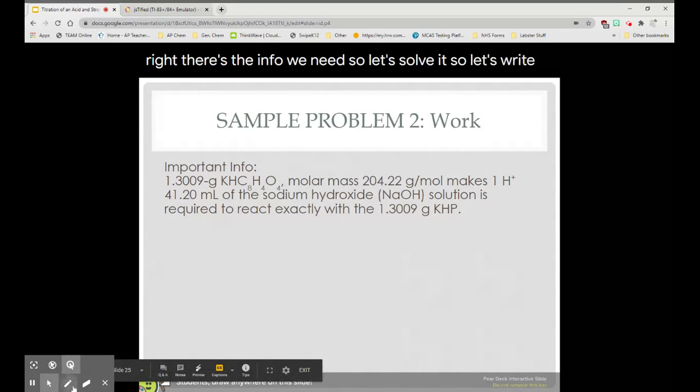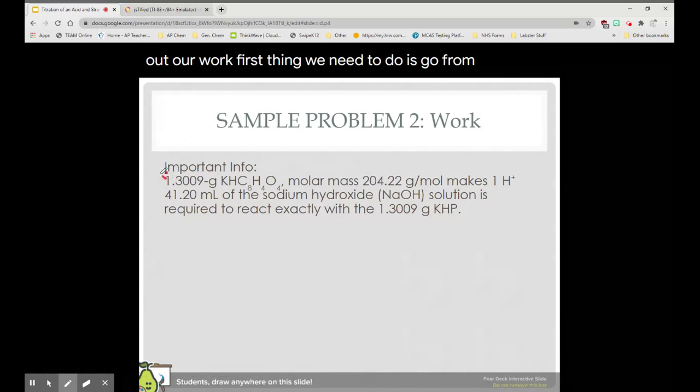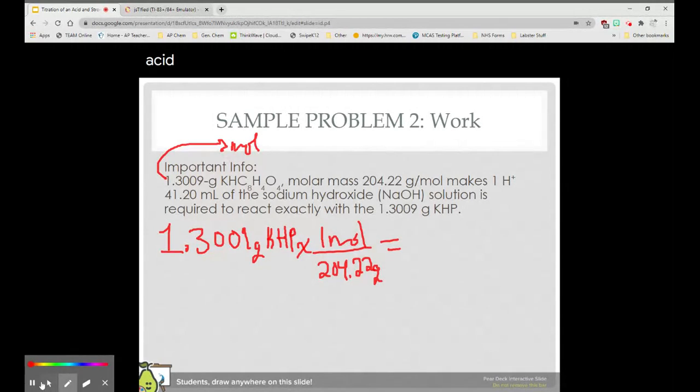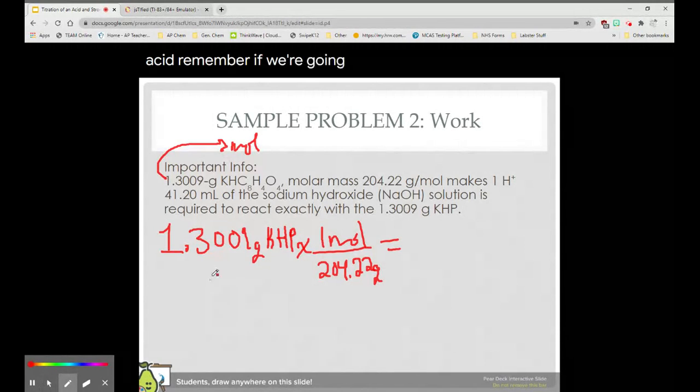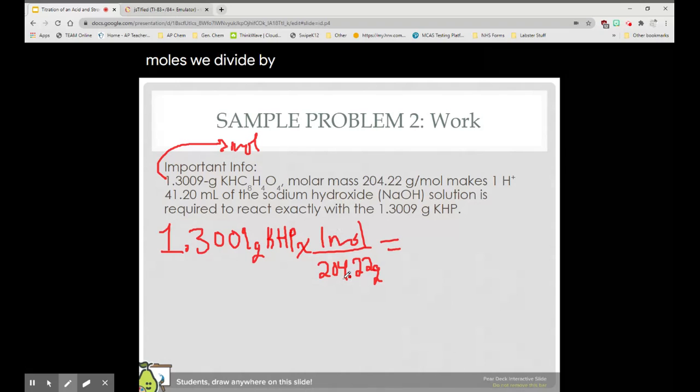So let's write out our work. The first thing we need to do is go from grams to moles for our acid. Remember, KHP is the abbreviation for this big compound. Going from grams to moles, we divide by the molar mass.